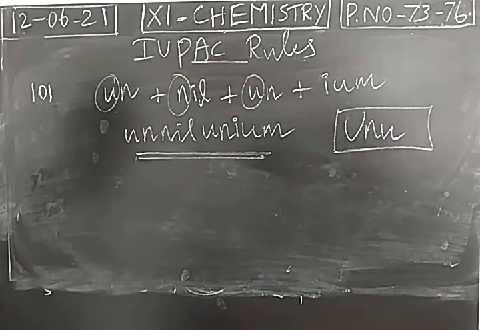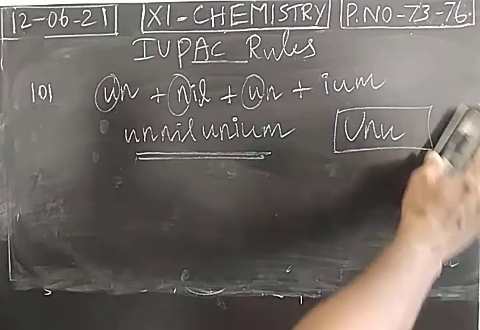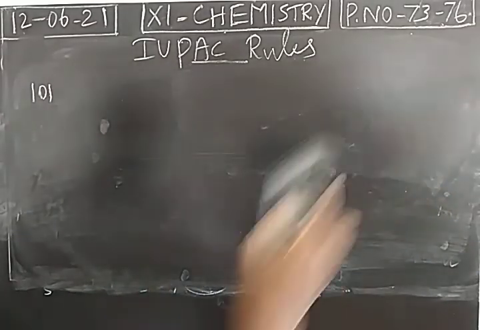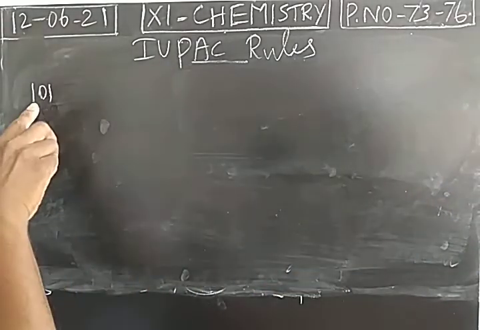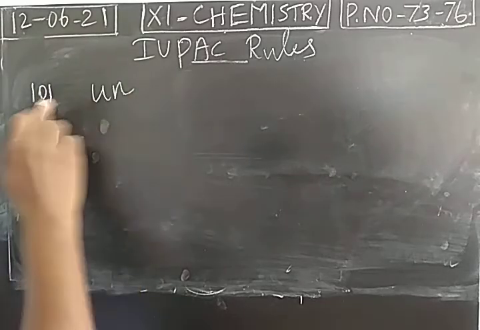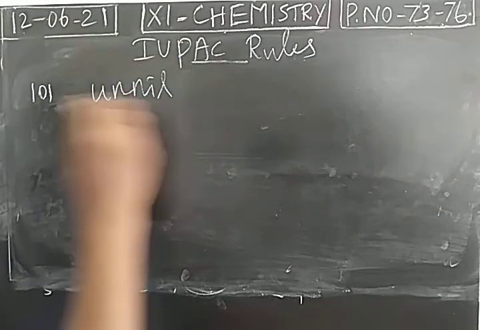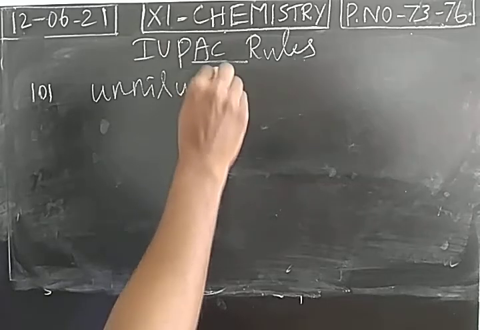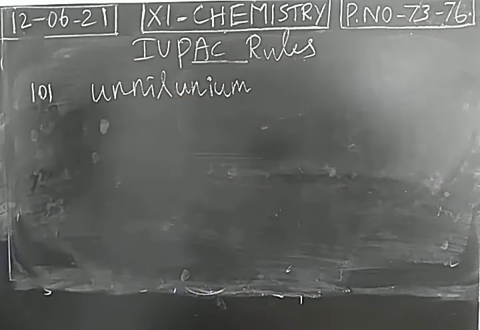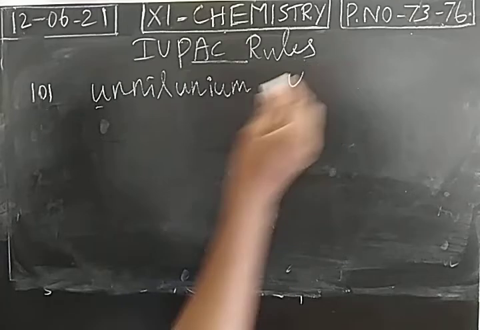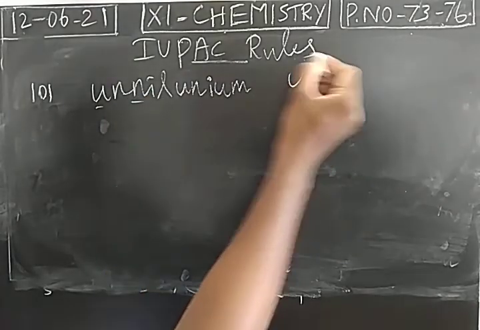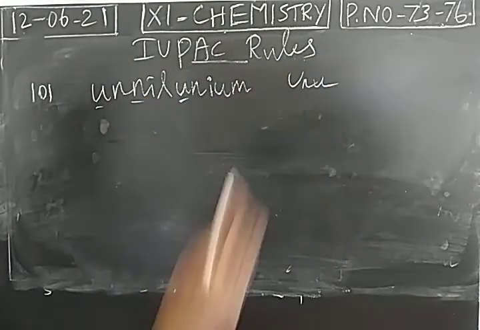This is the way of writing name as well as symbol for the elements with atomic number more than 100. So un, nil, un, suffix ium, unnilunium. Symbol: capital U, small n and small u.